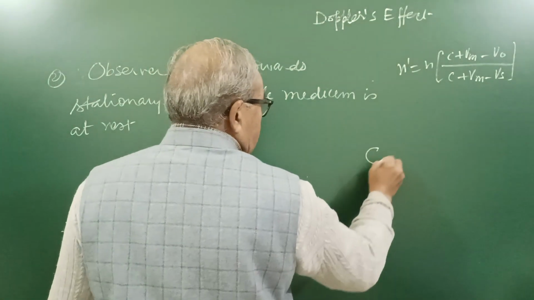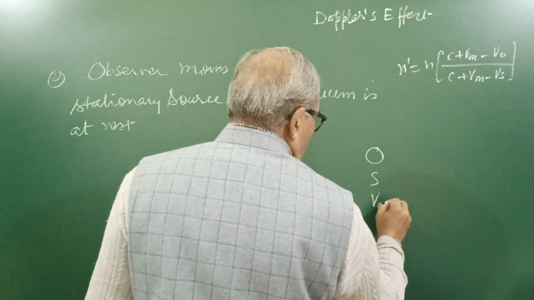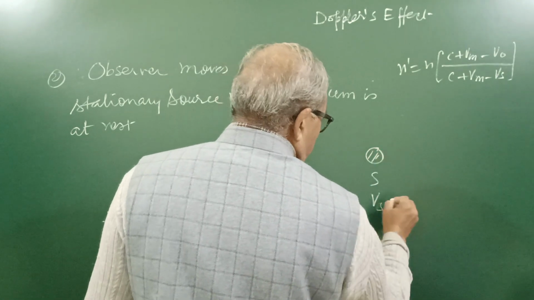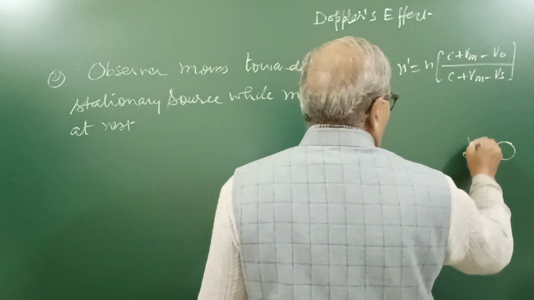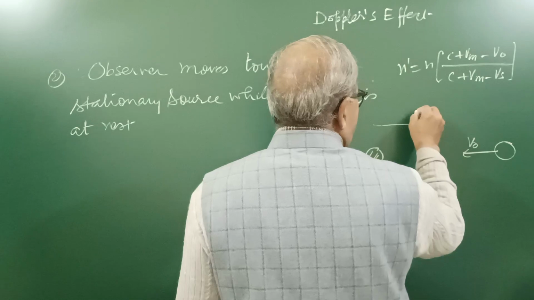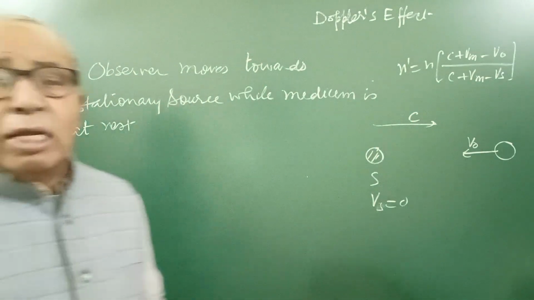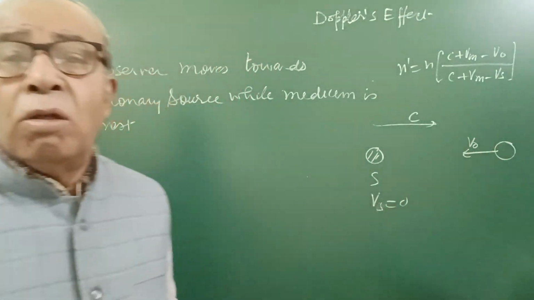Here the source is Vs equal to 0, and the observer is moving with VO. So see it always this way, whereas sound is taken from source to observer.